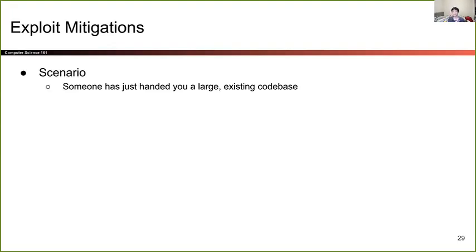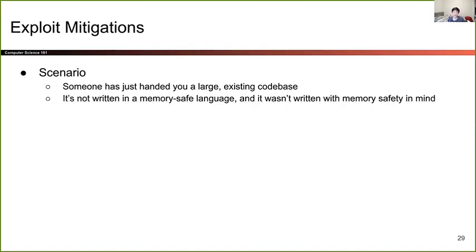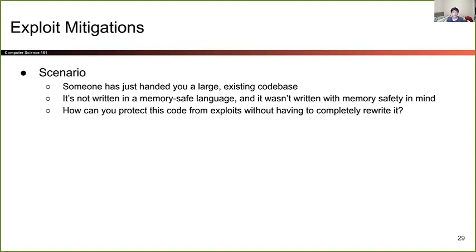You've just joined a team at some large company, and they've just handed you a giant code base that is written in C. It was written by someone who really didn't care about security. They used gets and strcpy everywhere, and it's just bad. We want to protect even this code. We know that, okay, the programmer messed up, but we still want to come up with ways to make it harder to exploit this code.